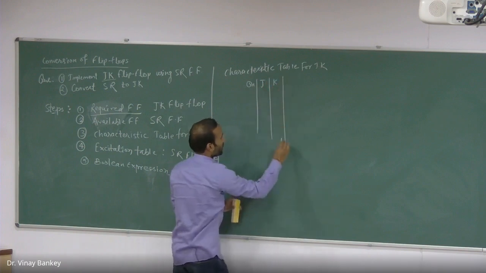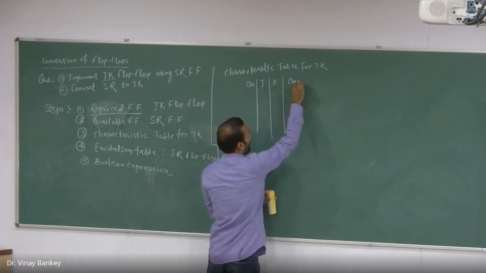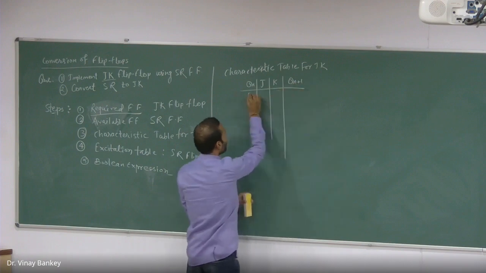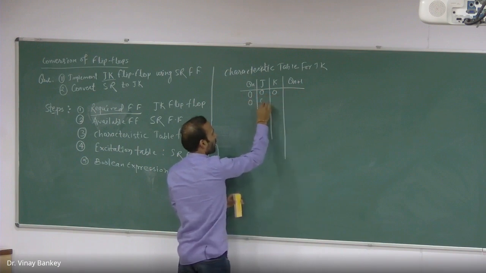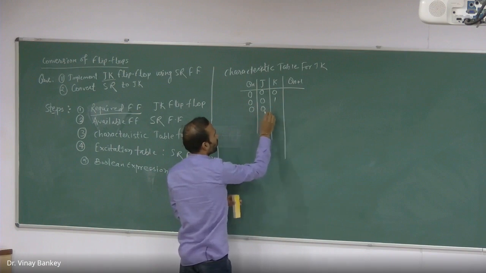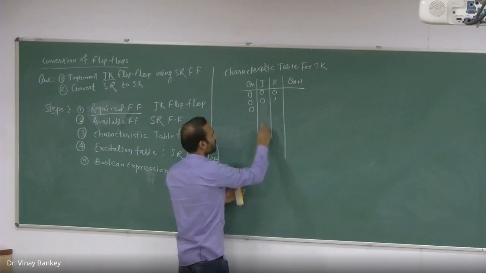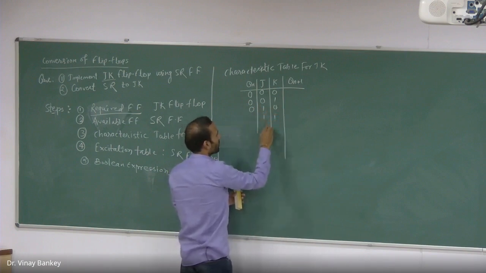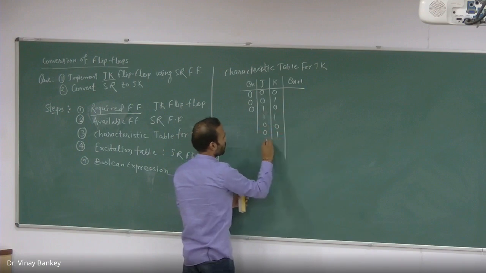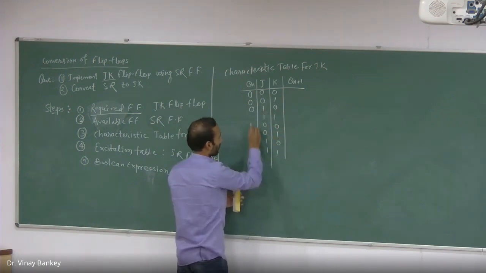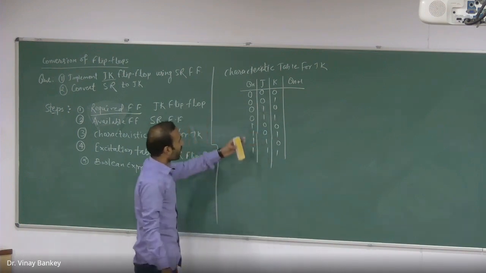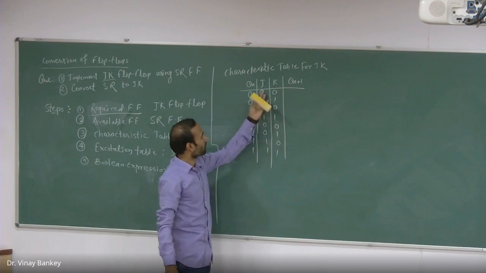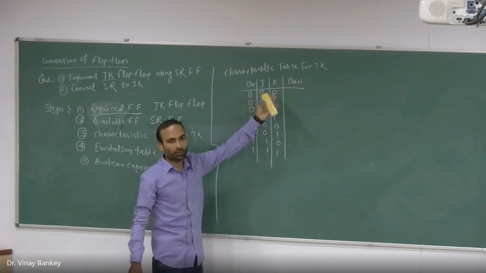And we will write this for the next state. So there will be 8 combinations for the three variables we have here: 0 0 0, 0 0 1, 0 1 0, 0 1 1, 1 0 0, 1 0 1, 1 1 0, 1 1 1. And now we will write here the next state according to the previous one and the inputs.